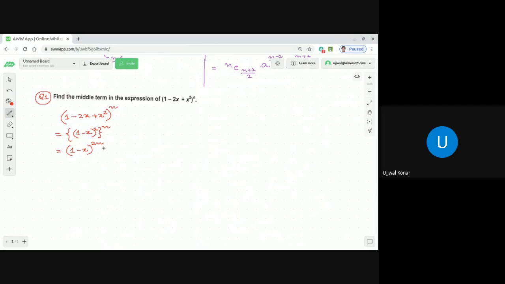Now I want to hear an answer from each one of you. Please answer each one of you. So in the expansion of 1 minus 2x plus x square power n, which is nothing but 1 minus x power 2n, how many middle terms are there? Divanshu, I want to start with you. You can say 1, 2, or do not know. No problem, I'll explain. But what is your understanding based on whatever I just said in the last 5 or 10 minutes?